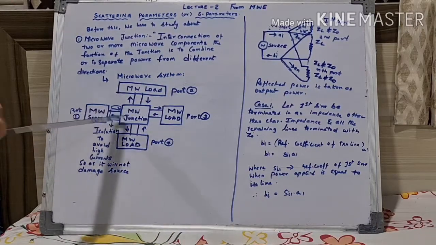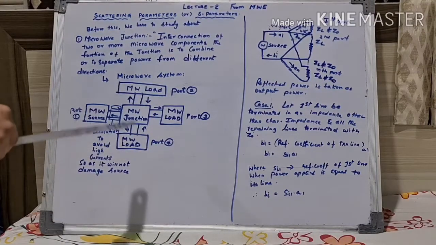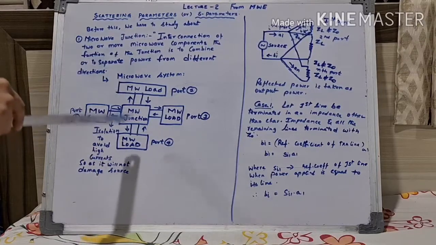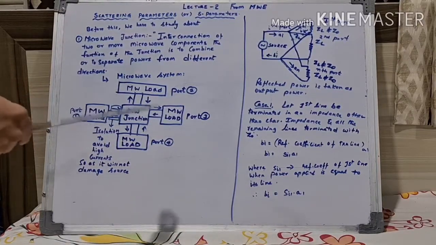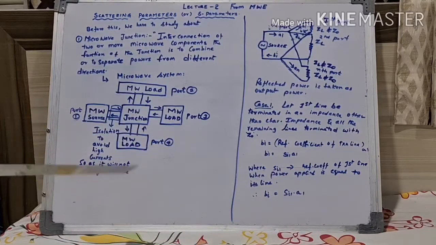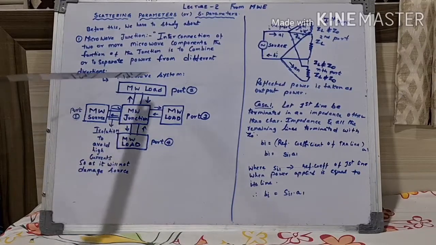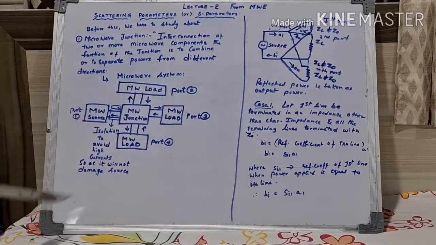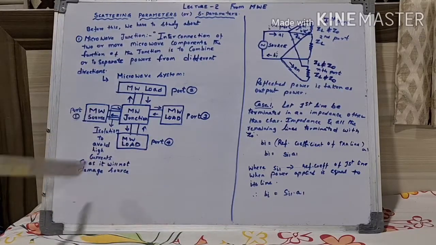At that time, because of mismatch, some power will come out in the form of leakage power. That is due to mismatch between port 1, the source itself, and the junction. This is about the microwave system.